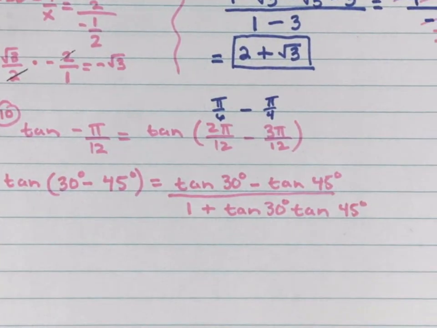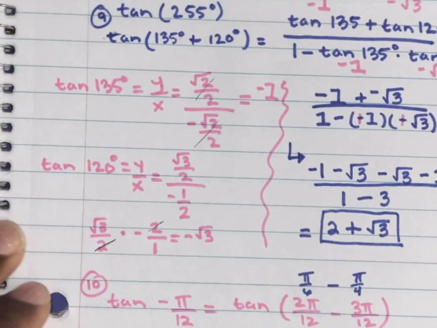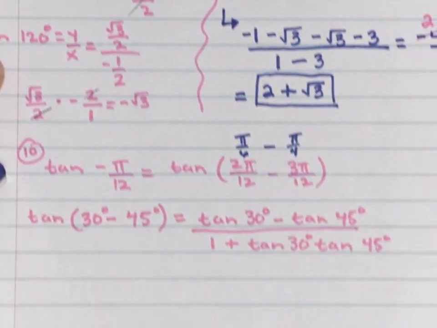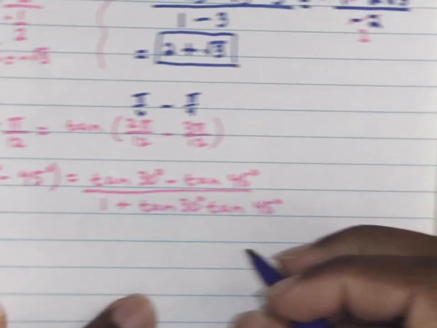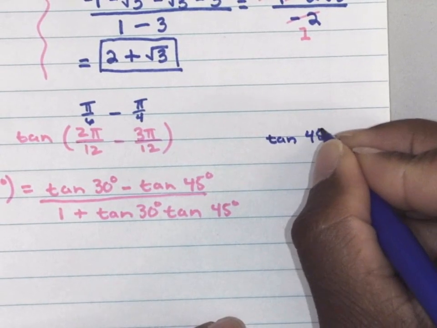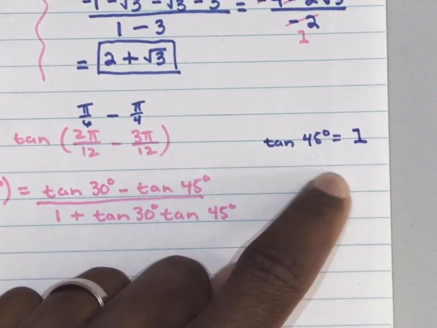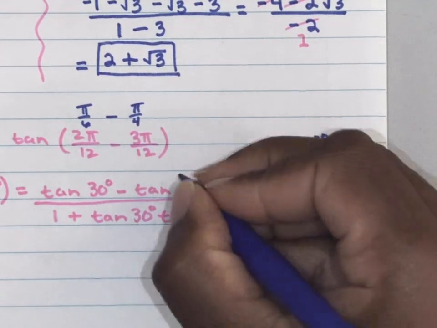So let's get these exact values. Now I could do what I did before, but if we just recall, tangent of a 45 equals 1. In the first quadrant, it'll be positive, so tangent of 45 will end up being 1.